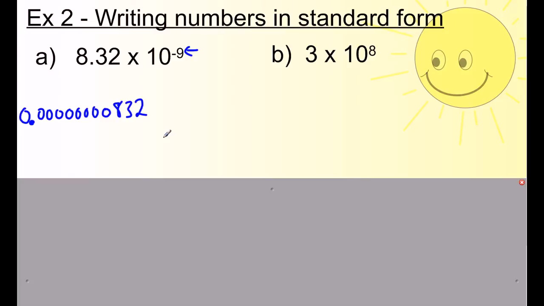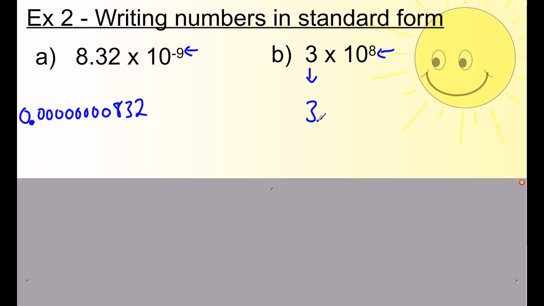Letter B. So I'm going to take this 3 times 10 to the 8th, and I put the number down first, so 3. And I know I need to move the decimal 8 places. And since this is a positive number, my number in standard form is going to be big. So I'm going to move 8 places to the right.